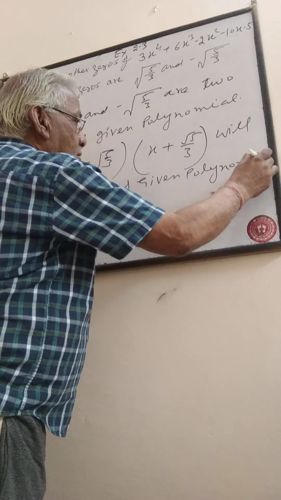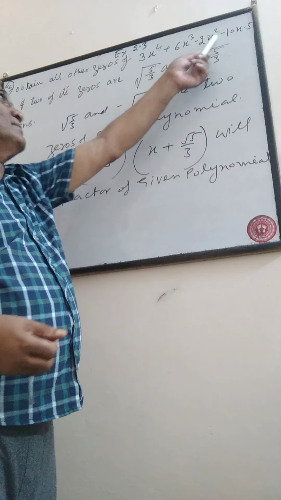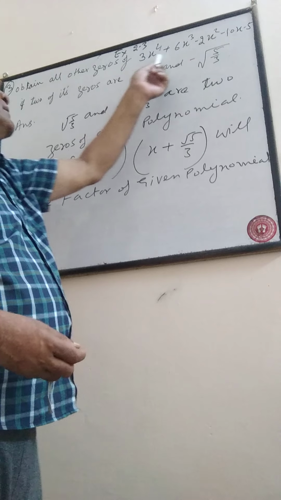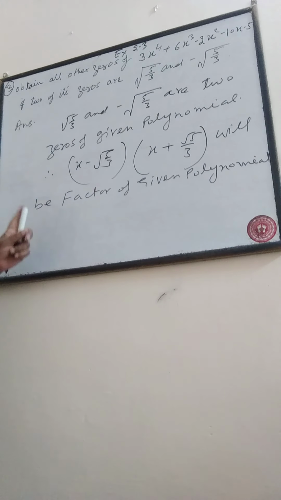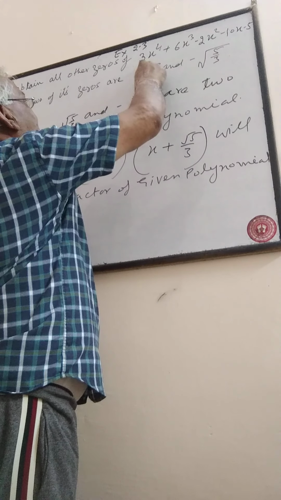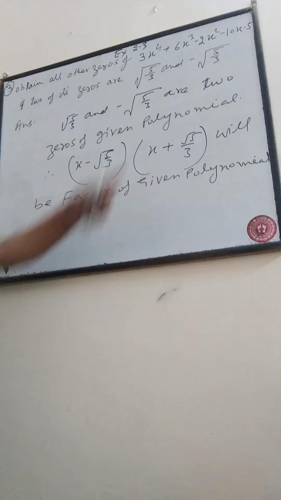Why? You know that when we factorize and get different factors of this polynomial, then you equate each factor equal to 0. So obviously the maximum number of factors which you can obtain by factorizing this will be 4, as its degree is 4.